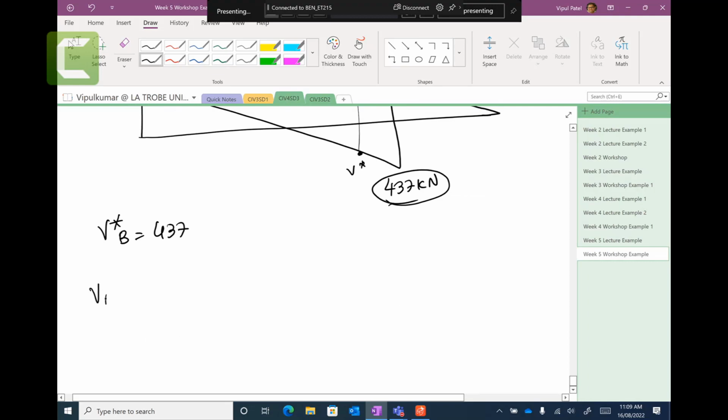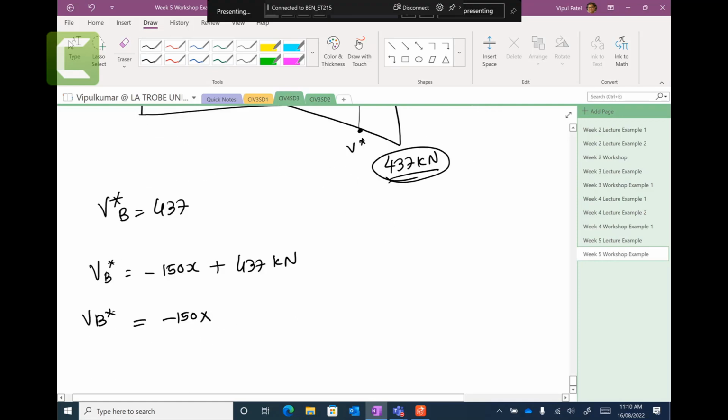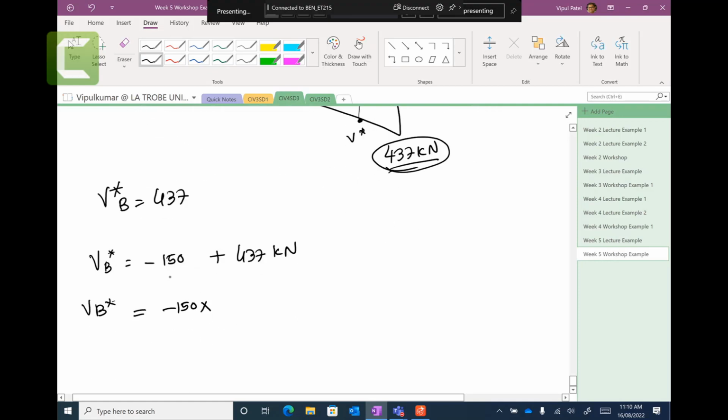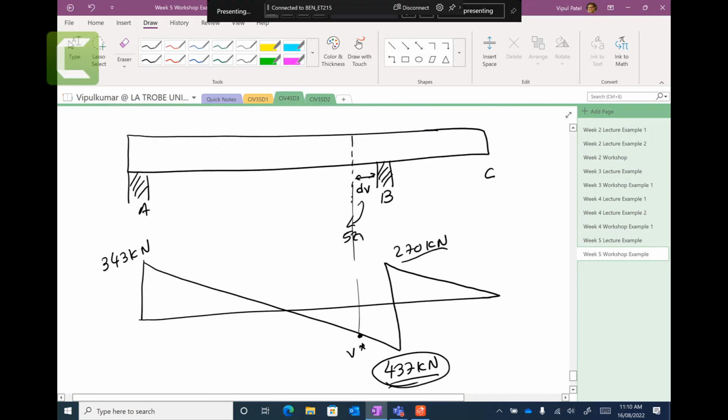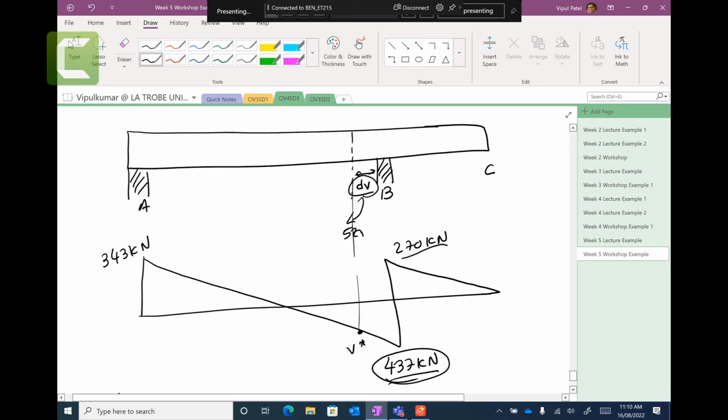And by the way, between these two, we can make it maximum. So V equals minus 150x plus 437 kilonewtons. That is coming from here. This minus 150 is in kilonewtons per meter, times x, where x is dV.